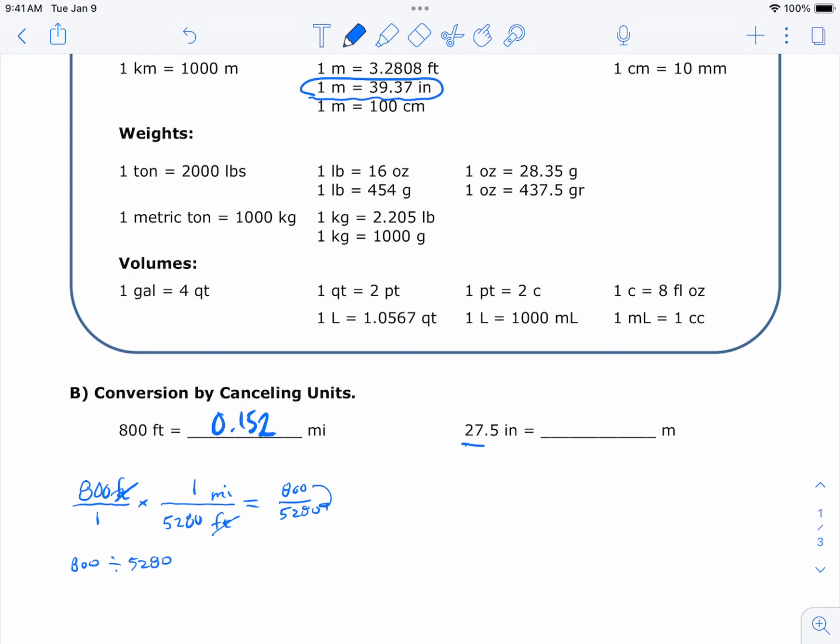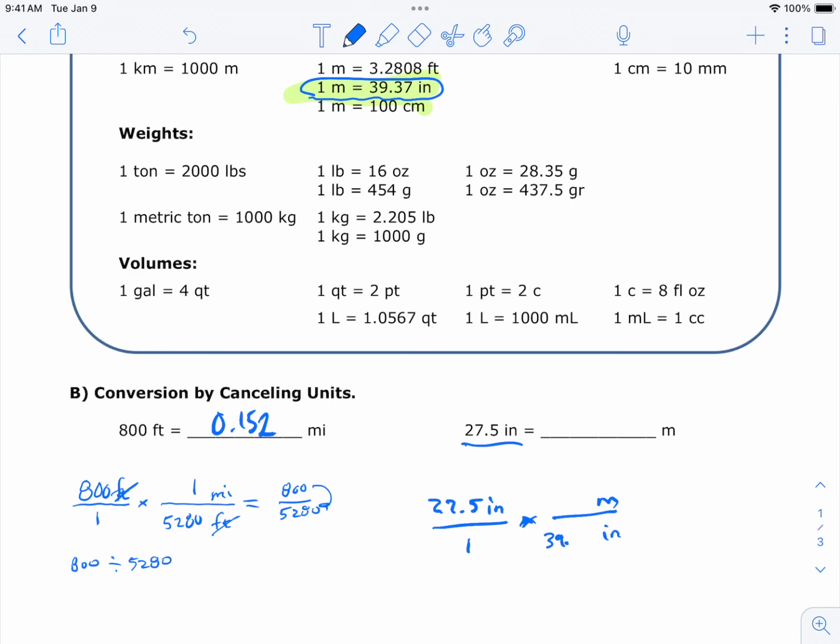So the way you do this, you start with 27.5 inches. Just write it down, put it over 1 so it looks like a fraction, because we're multiplying fractions here. And we want to multiply fractions in such a way that these inches cancel. So I want inches on the bottom and meters on the top. Look at this again. Where does the 39.37 go? It goes with the inches.